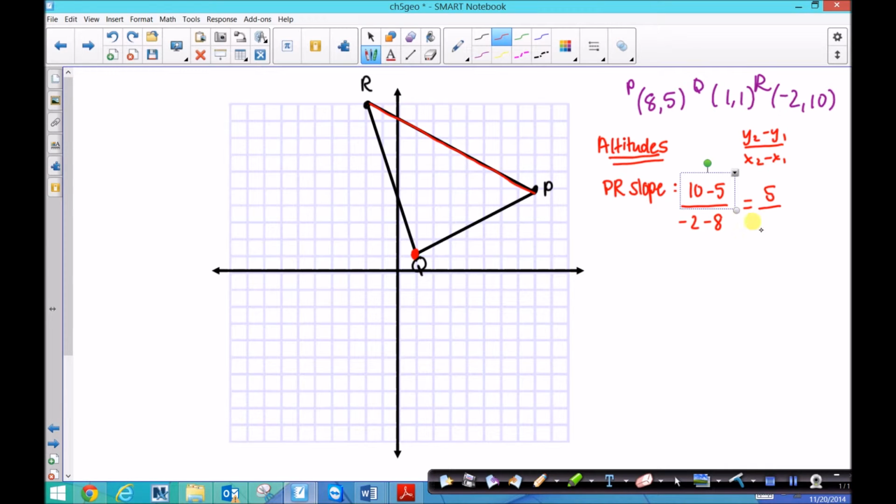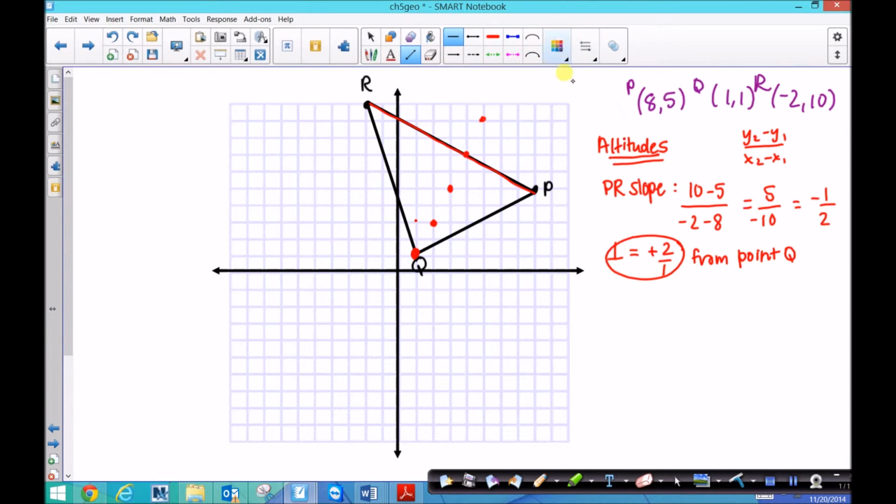So we come up with 5 over negative 10, which reduces down to negative 1 over 2, which means that our perpendicular slope is going to be a positive 2 over 1. From point Q, we're going to use this perpendicular slope. Here we are at point Q, and we're going to go up 2 over 1, up 2 over 1, up 2 over 1, and we could keep going if we needed to. We then connect our perpendicular line, and we can see that these two segments are perpendicular.